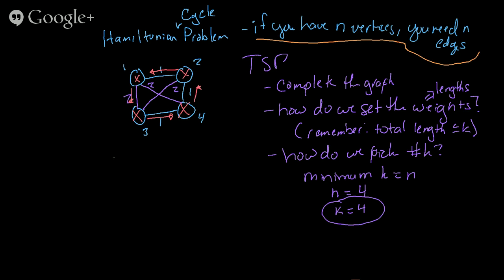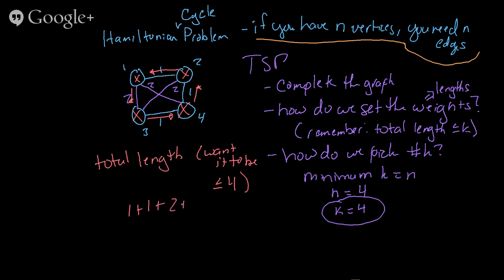And what is our ultimate k that we have here? And remember, we're trying to get the total, sorry, this is not k, this is our total length or weight, whichever one you want to call it. And we want it to be less than or equal to 4, we decided. Our total length is going to be, we started at 4, we have 1 plus 1 plus 2 plus 1.